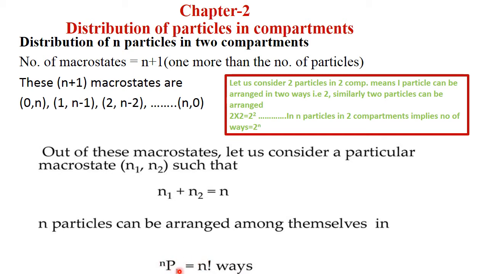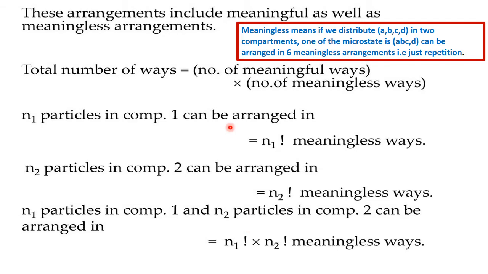Naturally, P stands for permutation, which is the arrangement of n particles, equal to n factorial ways. Now these n factorial ways are the total number of arrangements. The arrangements include meaningful as well as meaningless arrangements.